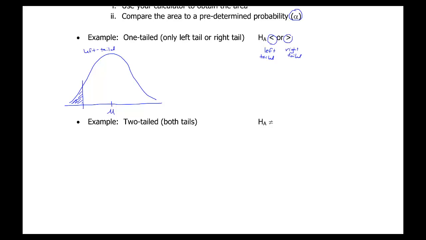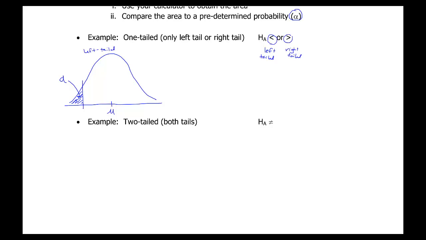Okay. But what we're going to do in this critical region is set some predetermined value of an area, which is called alpha, and then we're going to compare it to the probability of your test statistic.